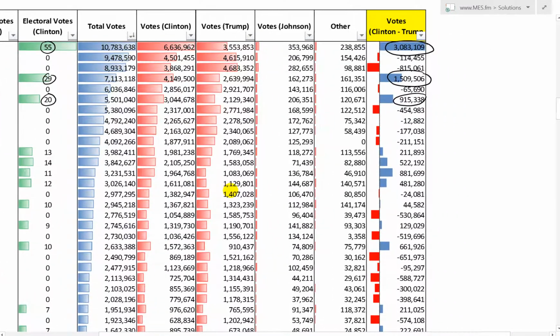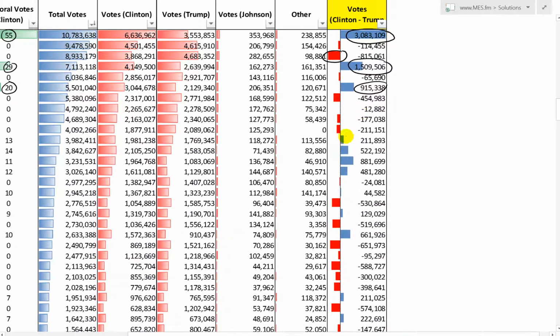But look at the difference in the votes: 4.6 to 3.8, so 800,000 more votes than Clinton. That is the biggest difference, but it's so much smaller than these other three states, and that's why the scale of this graph is skewed so far, simply because of California.